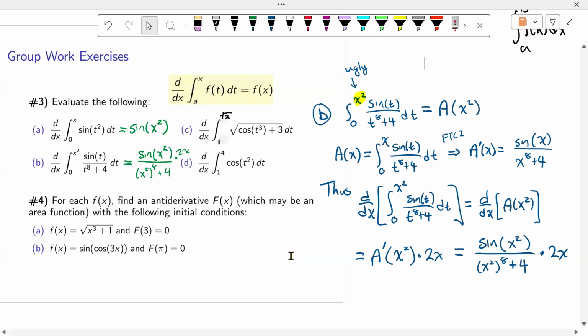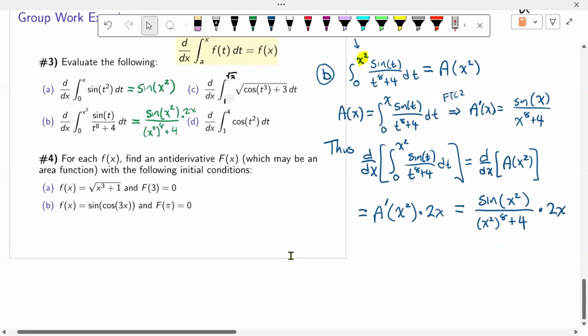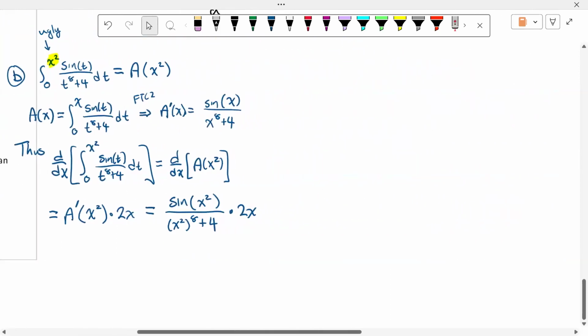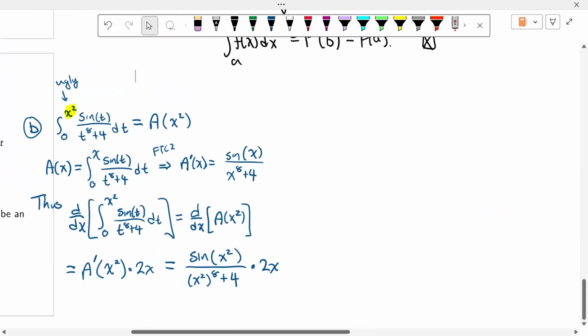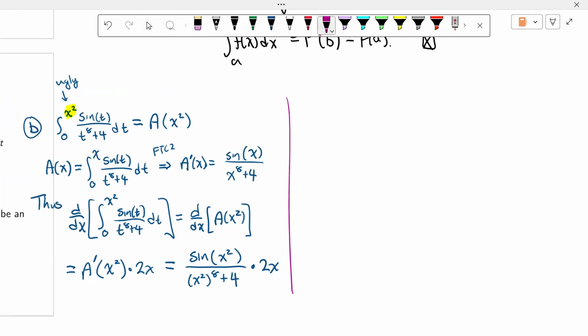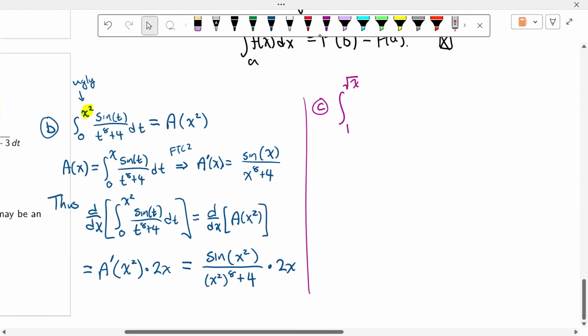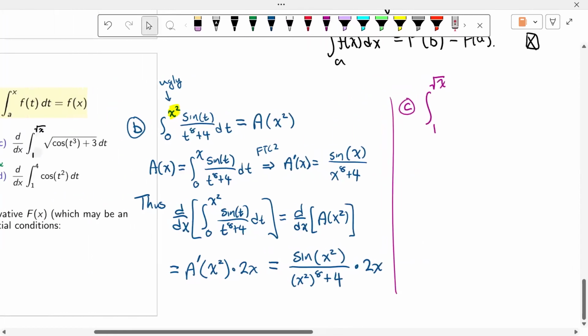Okay. All right, let's talk about part C. So part C, very similar. I'll just put it here. I forgot what the function was.